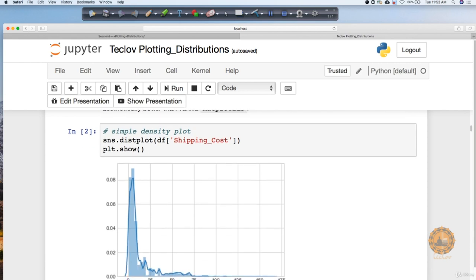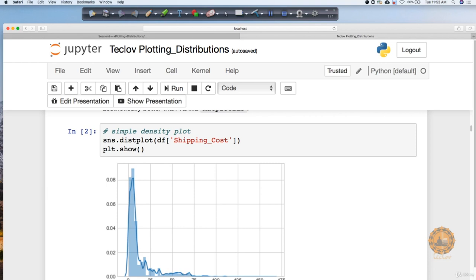There is a column called shipping cost. You have to look at it from, let's say, an Amazon or Flipkart point of view. When they ship you some product, this includes some sort of shipping cost for them. Let's say we want to do some analysis on that particular column.